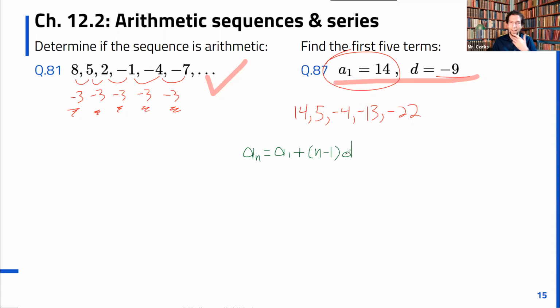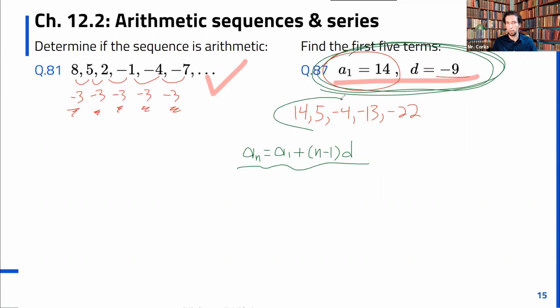In today's class or yesterday's class, I explained the logic behind the formula, so I'll skip that part here. If we want to build the general term for this particular sequence, what can we do? Here's the formula, but I want to build a_n for this sequence in particular.